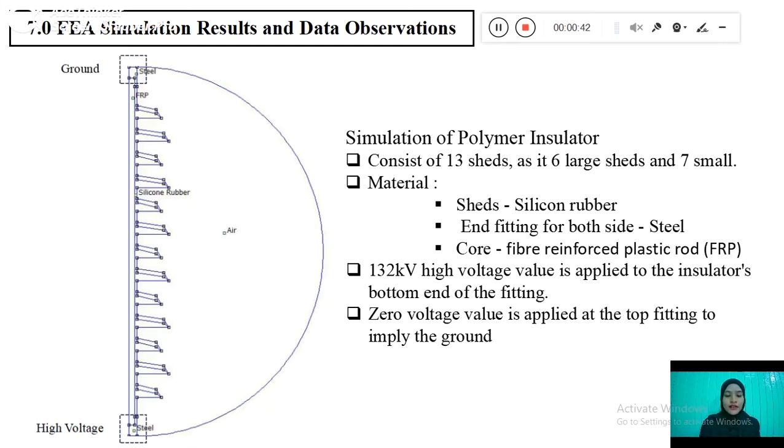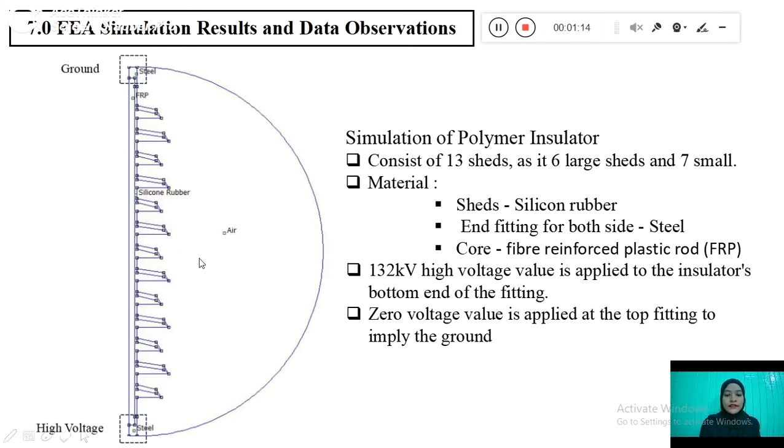As for the sheds, it consists of 13 sheds, which is 6 large sheds and 7 small sheds, because our transmission line is 132 kilovolt. Since the value for one shed is 11 kilovolt, we need 13 sheds to obtain 132 kilovolt.